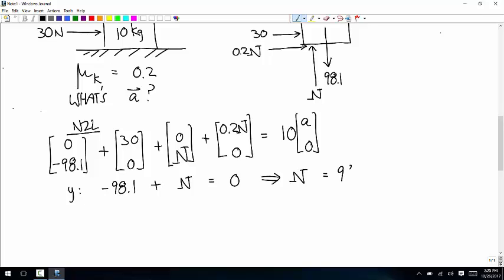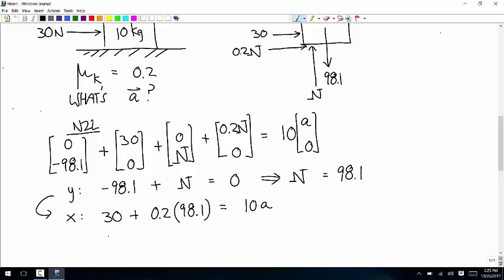So N is equal to 98.1. And then plug that into the x equation, and you get 30 plus 0.2 times 98.1 is equal to 10a.